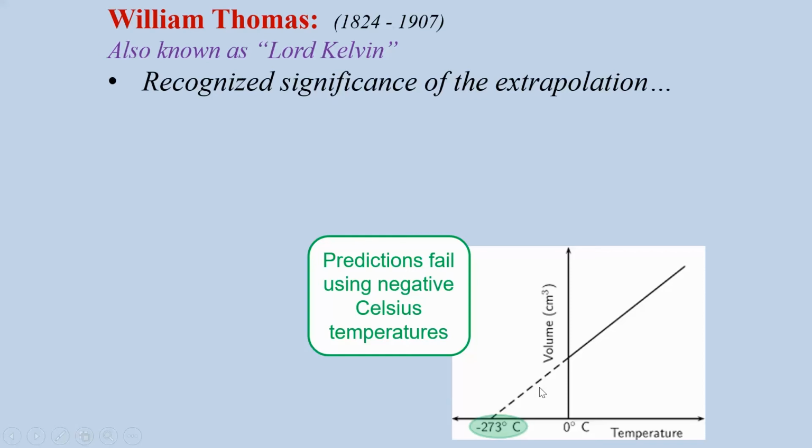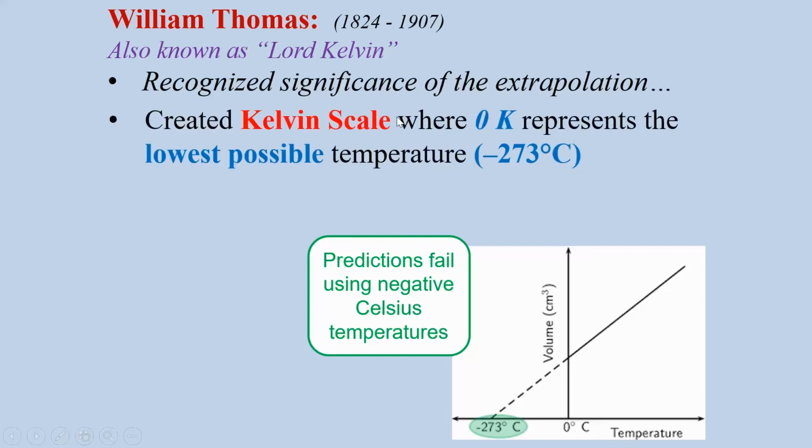You can't have negative a liter. Try to get your brain to think about that one. So this whole relationship mapped out to negative 273 degrees Celsius, and Lord Kelvin, William Thomas, recognized its significance.